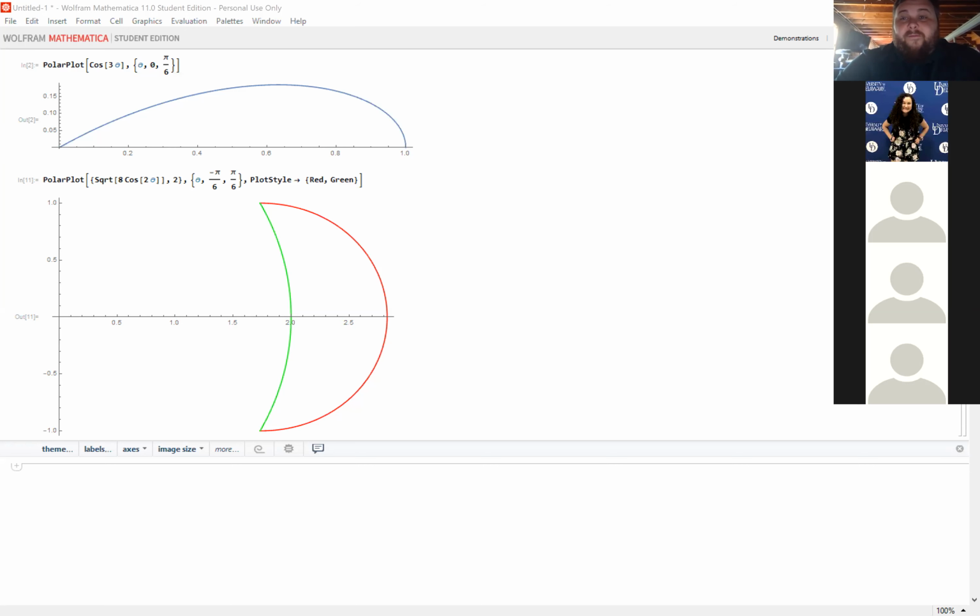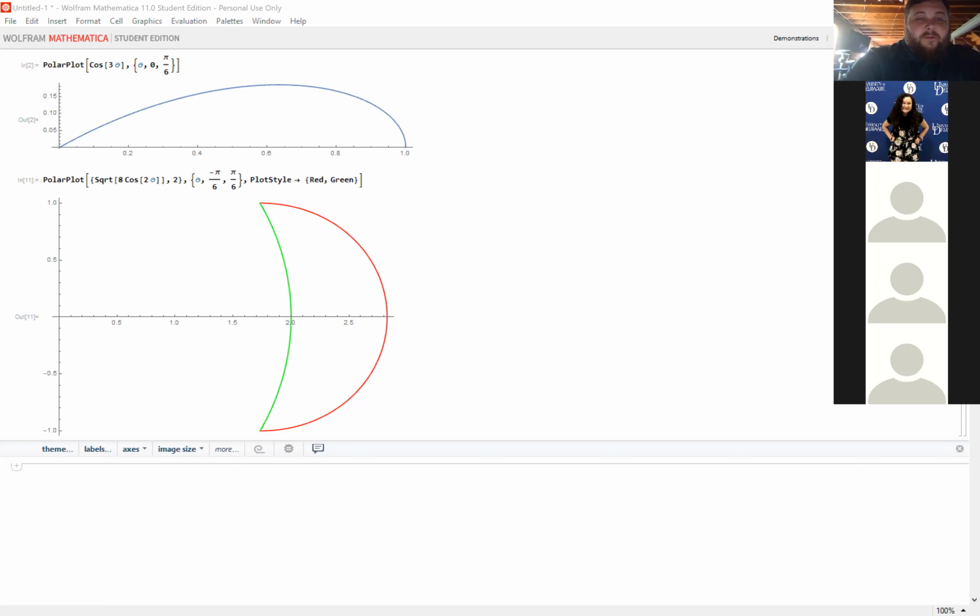Then we need the function of theta squared. Now we've got 2 functions, which means I need the outer one squared, which is going to be the infinity symbol, or the lemniscate.